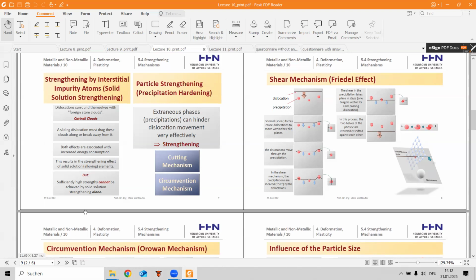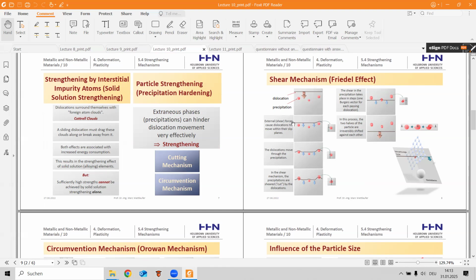Particle strengthening, precipitation hardening. Foreign-phase precipitation can hinder dislocation movement very effectively. So strengthening: cutting mechanism and circumvention mechanism. Here we have once again a shear mechanism with dislocation, shear force, precipitation.